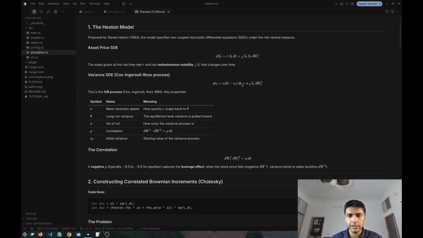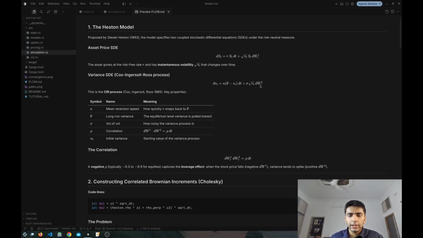Again, the first half is the predictable part, the second half is the random part, and here kappa is the mean reversion speed, theta is the long-run variance or the long-term volatility that we see, sigma is the volatility of volatility, and then we have the second Brownian motion shock value dW_t.